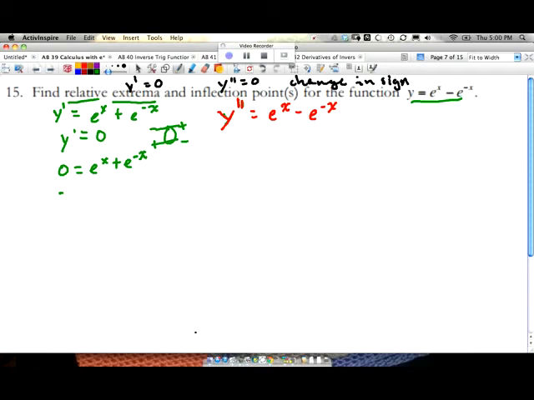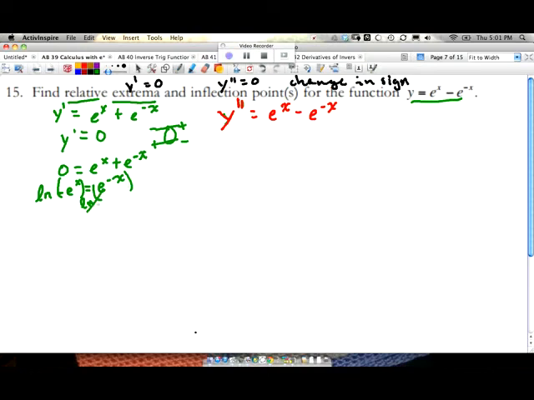Well, this kind of presents a problem here because when I try to solve this, let's say I move negative over, negative e to the x equals e to the negative x. This is never really true because, well, how would you solve this? I mean, if I looked at this, I would say, well, why can't I take the natural log of this and the natural log of this?